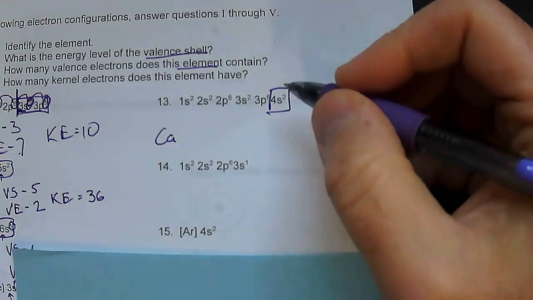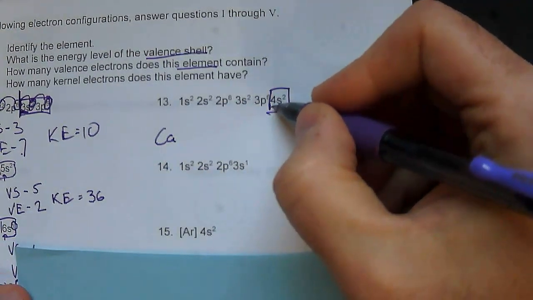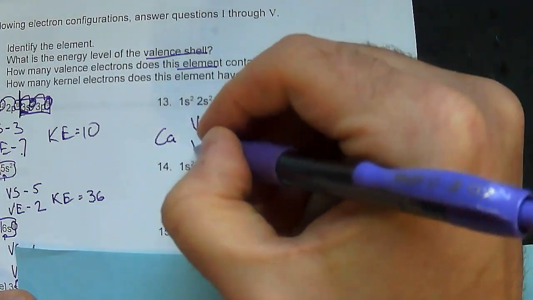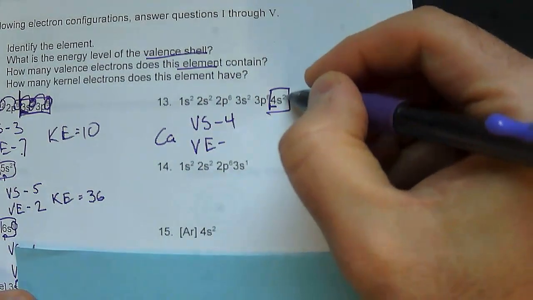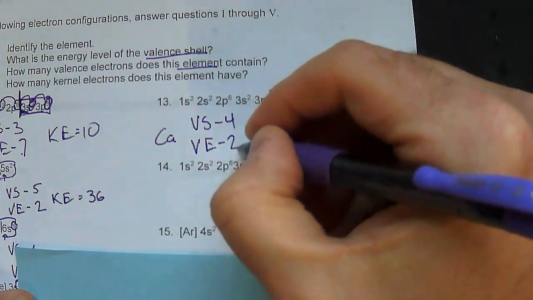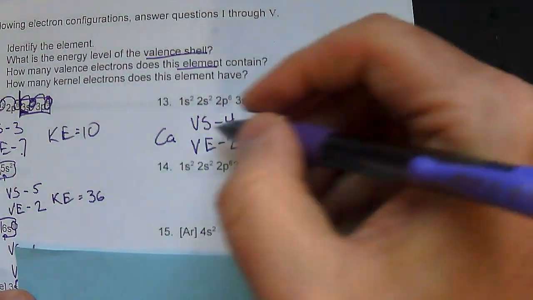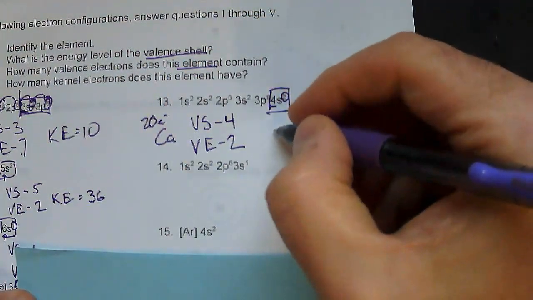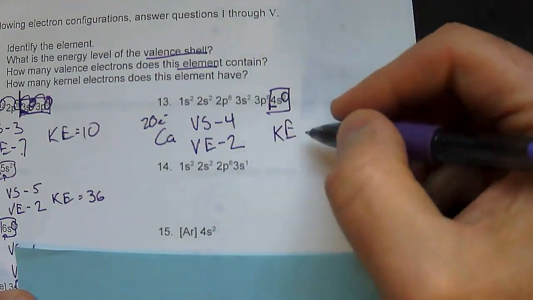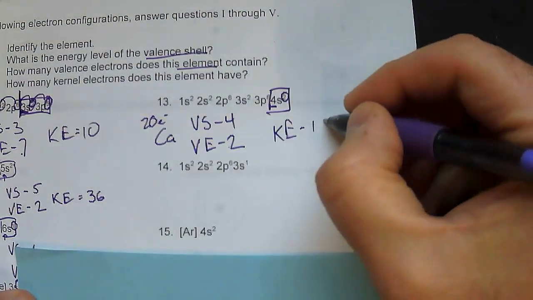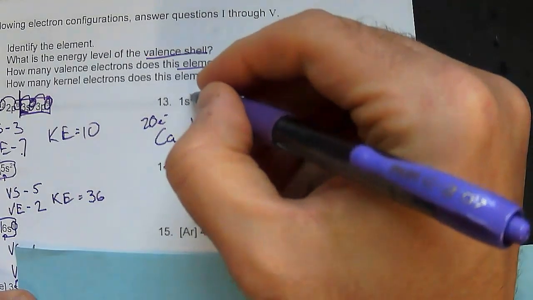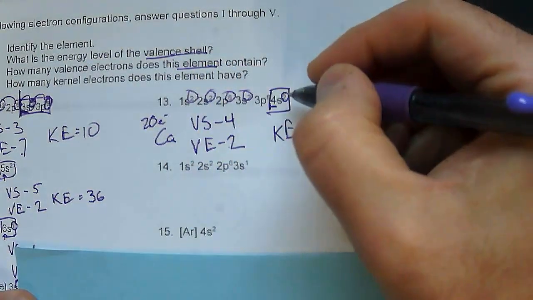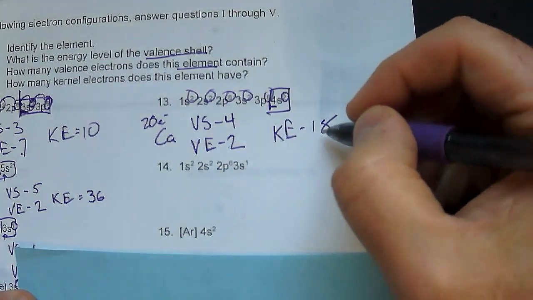That's the highest big number. So the valence shell is 4. The valence electrons then is the number inside there. That's going to be 2. And since we have 20 electrons total, the kernel electrons is the rest. So 20 minus 2, that's 18. Or if you wanted to, you could count 2 plus 2 is 4, plus 6 is 10, plus 2 is 12, plus 6 is 18. Okay?